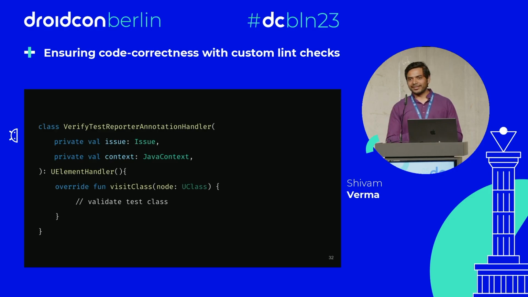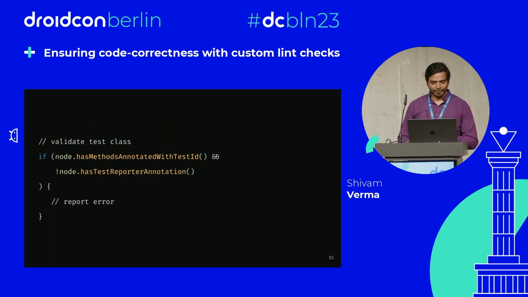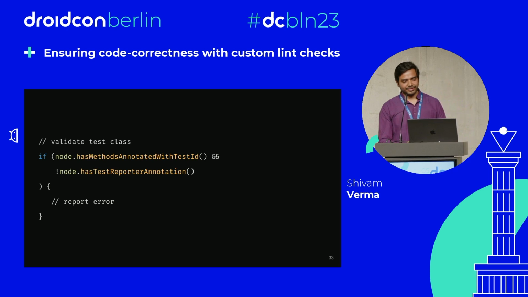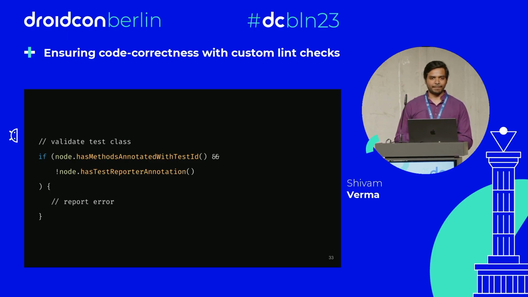So now, assuming that everything has worked fine so far, and we have the class now accessible, which is the node in this case, we now want to validate if everything works as expected and all the expected annotations are there. How we do this is that these are two extension methods I wrote. The first one checks if this particular class has methods that are annotated with the test ID.